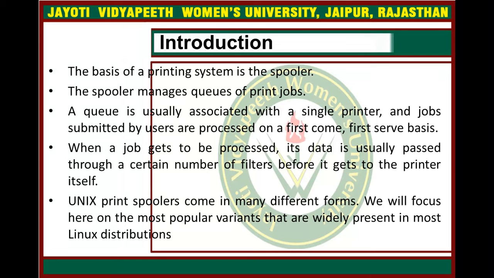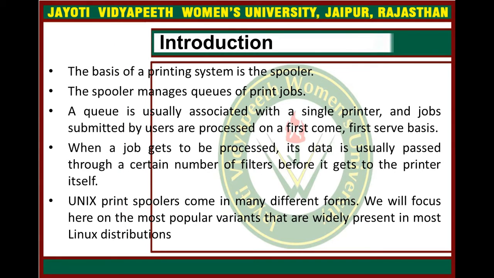The basis of a printing system is a spooler. You have already learned the spooling concept in the operating system. So the spooler manages queues of print jobs. If you are printing a number of jobs, they will be in a queue, and sequentially, one by one, they will get printed.